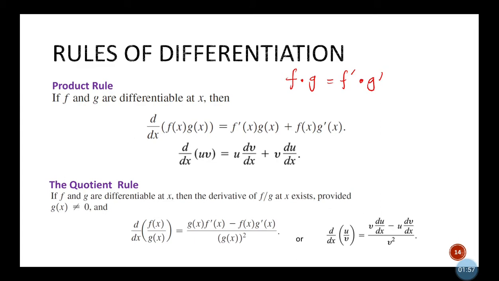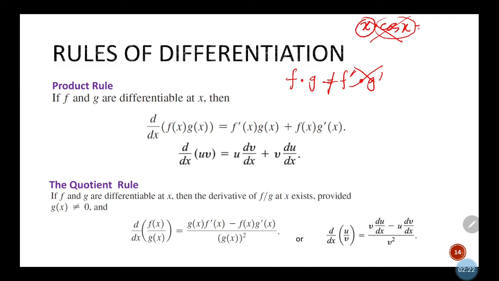No, for multiplication and division, we can't directly assume like this. It's wrong. For example, if the function is x times cos x, we can't differentiate x and multiply it with the derivative of cos x. That is not the way.